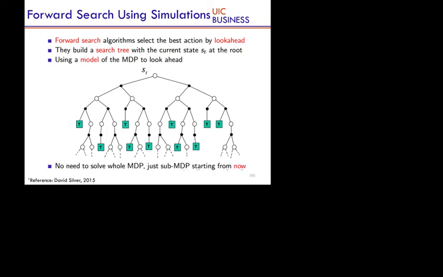For this, you don't need to solve the whole MDP, right? So for this state, if you just roll out the dynamics of the model or the world and get to some terminal states, and eventually you'll get to all terminal states, then maybe you can figure out what action to take at this state. Okay, that's the forward search problem.